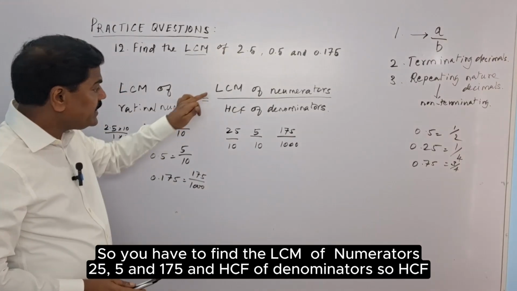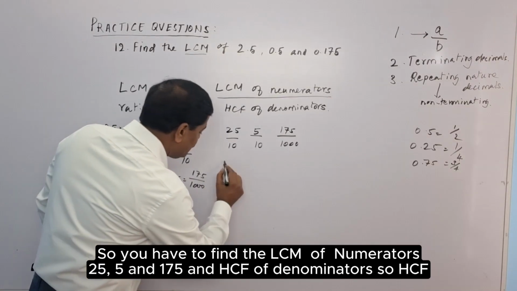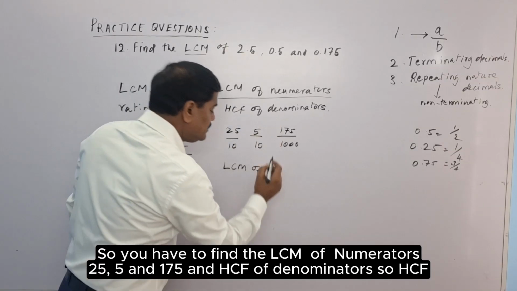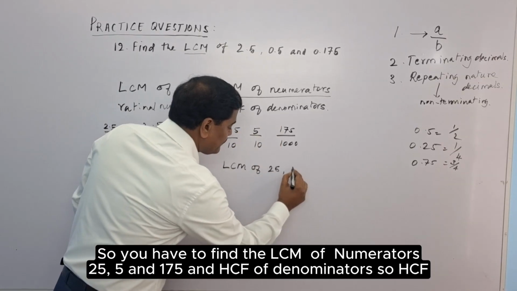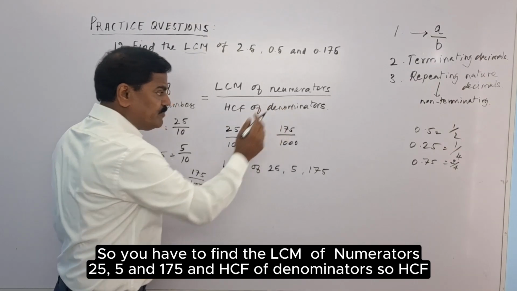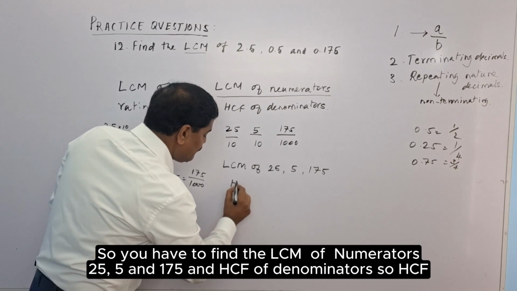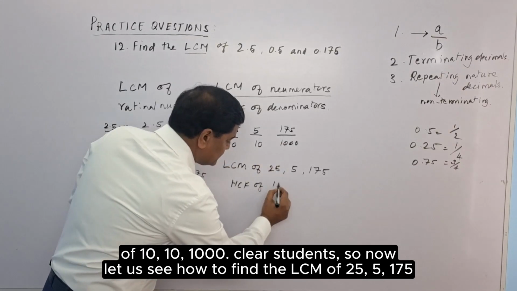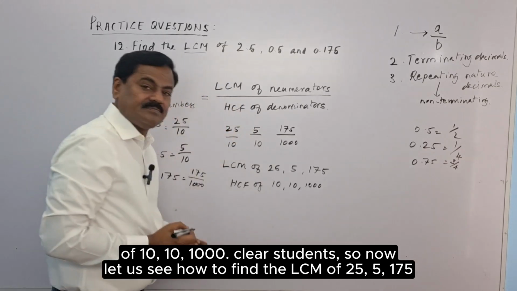So you have to find the LCM of numerators 25, 5 and 175, and HCF of denominators, so HCF of 10, 10, 1000.